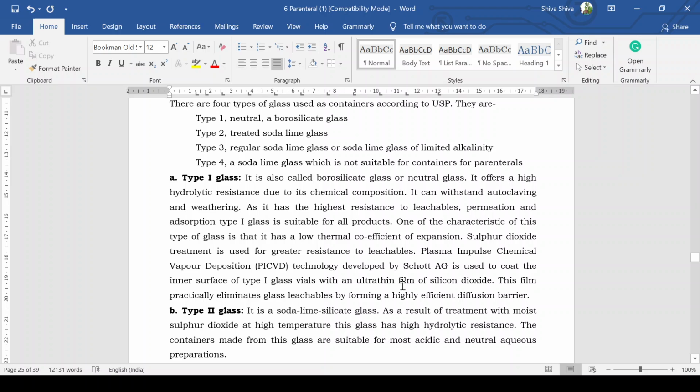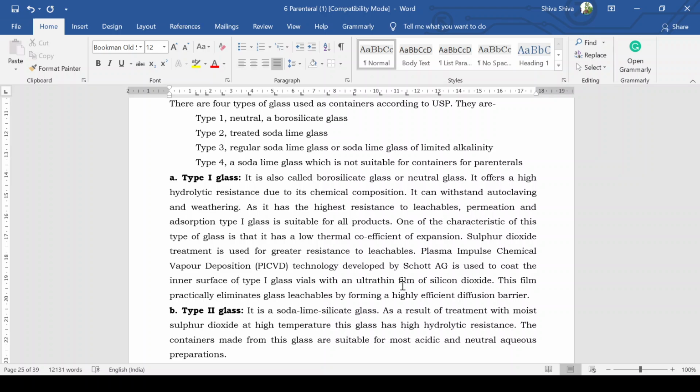So this technology is used for the coating of the inner surface of the glass, and as the coating is carried out, the amount of leachables from the container into the product is highly reduced. This film practically eliminates glass leachables by forming a highly efficient diffusion barrier.